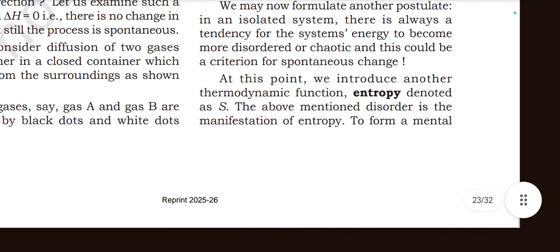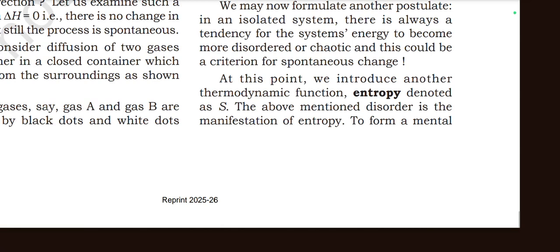We may now formulate another postulate. In an isolated system, there is always a tendency for the system's energy to become more disordered or chaotic, and this could be a criterion for spontaneous change. At this point, we introduce another thermodynamic function, entropy, denoted by S. The above-mentioned disorder is the manifestation of entropy.